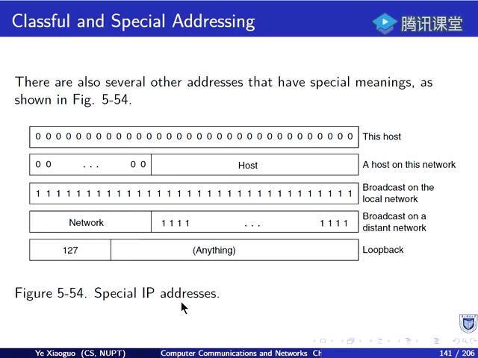Here, there are some special IP addresses. All zeros means this host. A network portion with all 0 bits and a host portion with a specific combination of 1s and 0s means a host on this network.